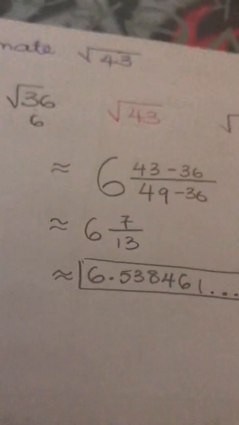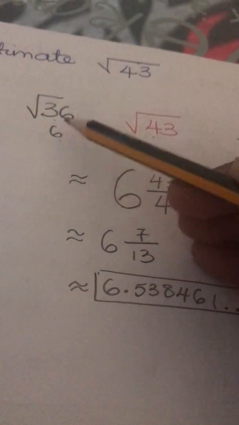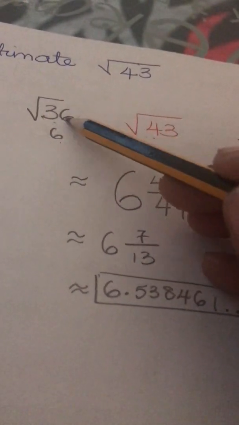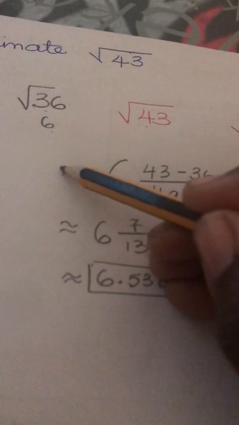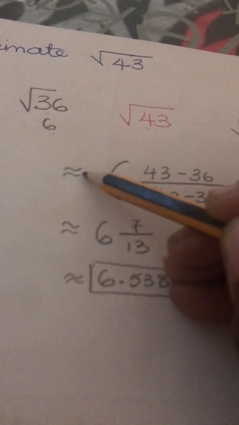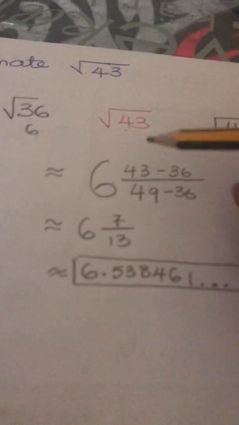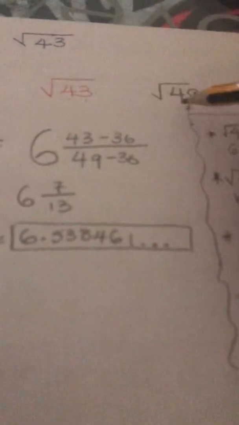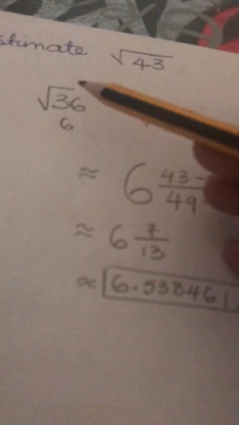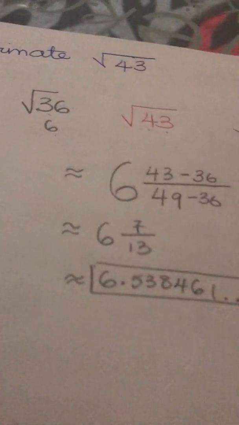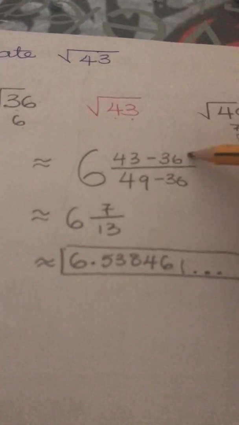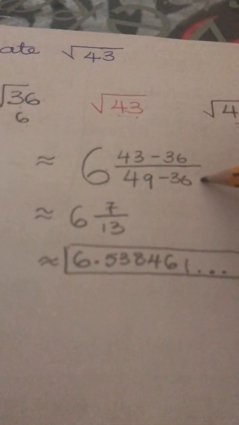Alright, so then I will write the answer to the square root as my whole number. Remember, this is an estimate, so you don't use the equal sign, you use the approximate sign. And then you write your numerator, you write your denominator. Then you always minus the first square root. Okay, so 43 minus 36, 49 minus 36.